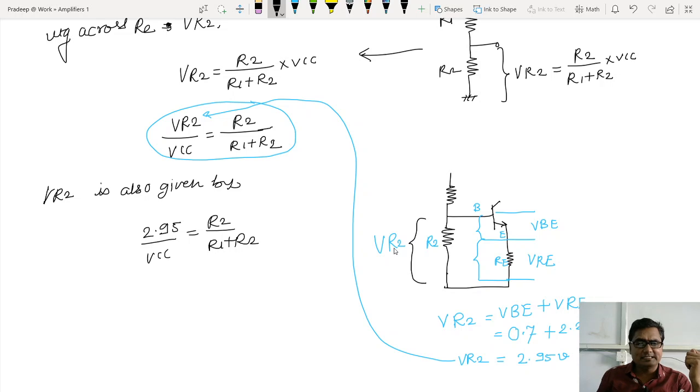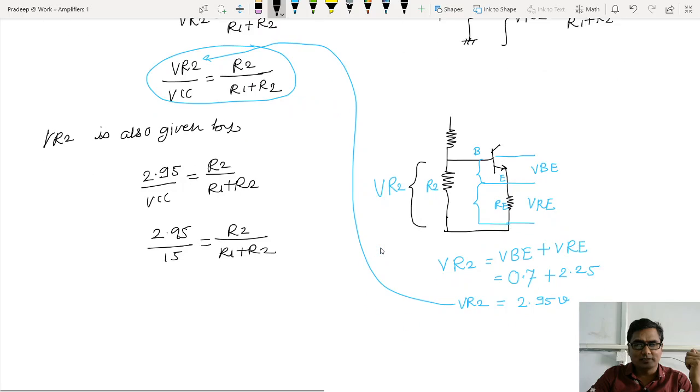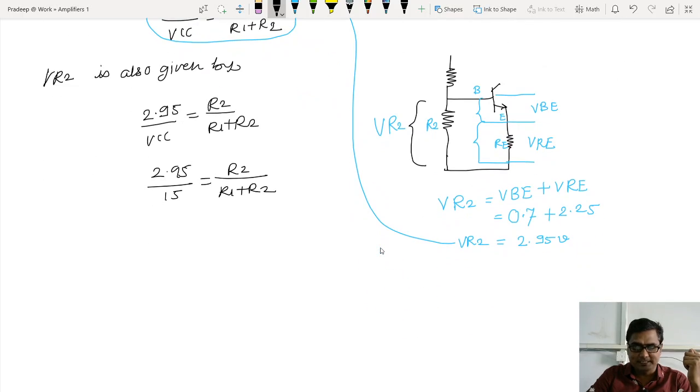Now what is the value of VCC? VCC is 15. So R2 divided by R1 plus R2 equals 2.95 divided by 15. Go for calculation, it is 0.19.